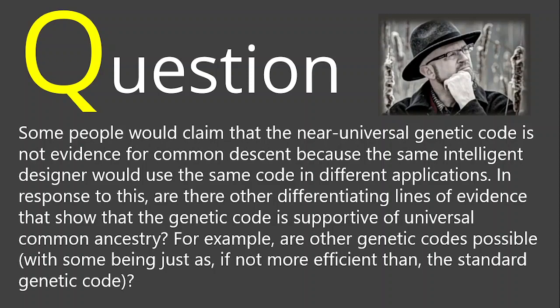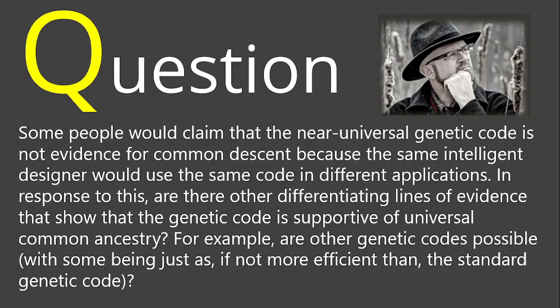All right, so in response to this, going back to the question, are there differentiating lines or other lines of evidence that show that the genetic code is supportive of universal common ancestry? And in particular, this reader is interested in whether other genetic codes are possible, right? Is this the only code that's possible, or is it the best code?